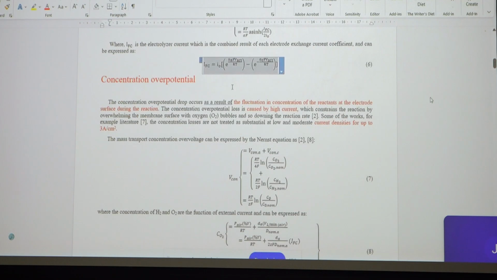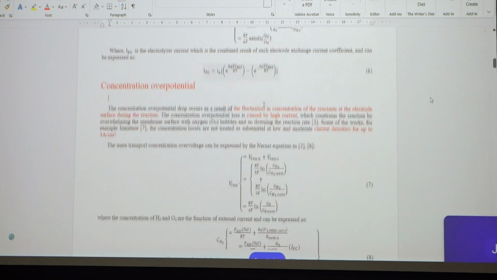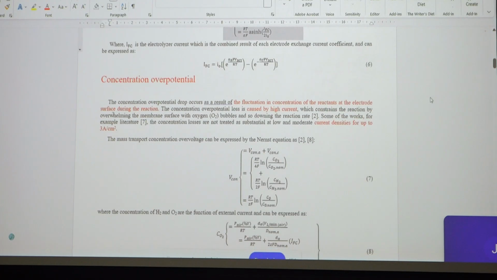Here we can see two new parameters, alpha A and alpha C. These are the standard current coefficients for the anode and the cathode. So these equations we actually need for modeling, as we will see later. Then the next one is concentration overpotential, or we can say mass transport overpotential.